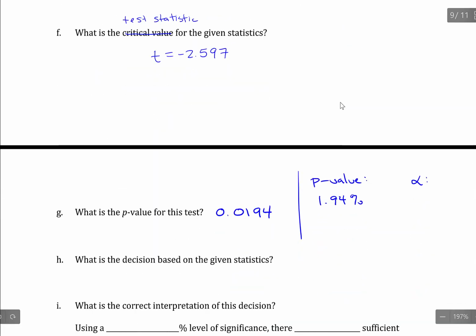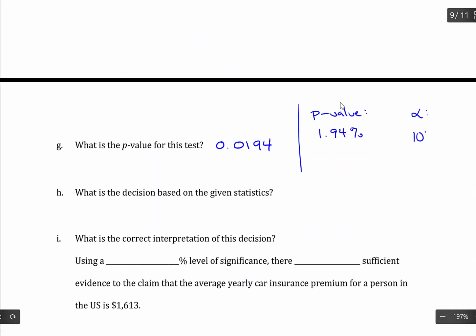That's what we're going to compare our p-value to decide if we have enough evidence to reject or fail to reject. And the rule is, if p is low, the null must go. So if the p-value is less than alpha, then we reject the null hypothesis. And that's what we're going to do in this case. So the decision is to reject the null hypothesis.